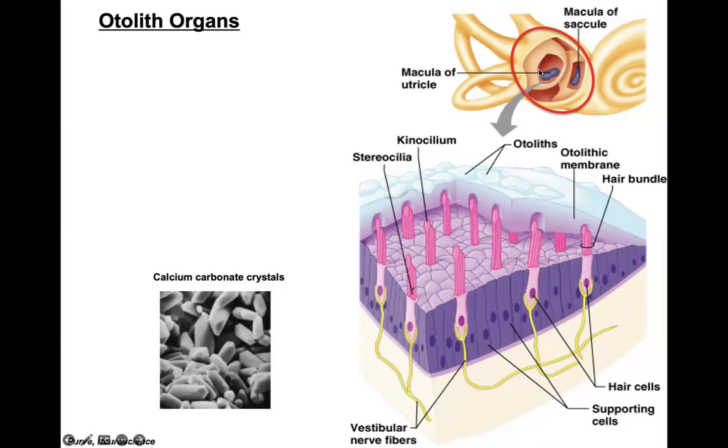They're not in the semicircular canal. These calcium carbonate crystals are usually attached to the membrane of the otolith organ. When you're young, if there's no trigger, they remain intact and attached to this gel-like membrane.